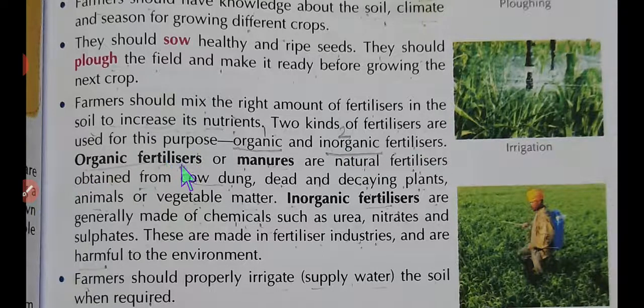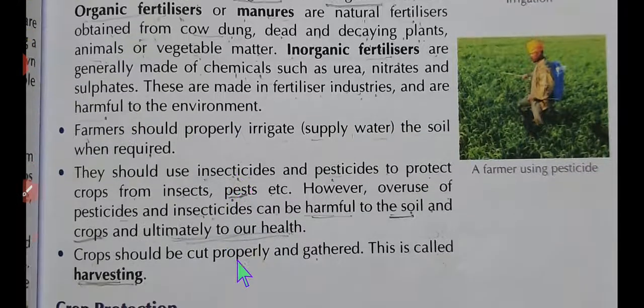Organic fertilizers or manures are natural fertilizers obtained from cow dung, dead and decaying plants, animals or vegetable matter. Inorganic fertilizers are generally made of chemicals such as urea, nitrates, and sulfates. These are made in fertilizer industries and are harmful to the environment.